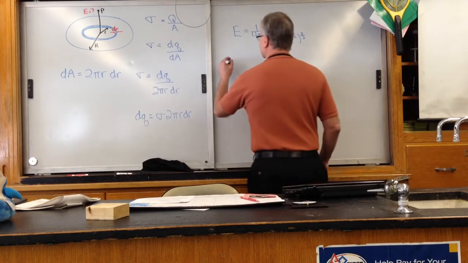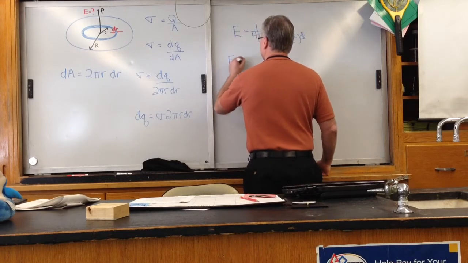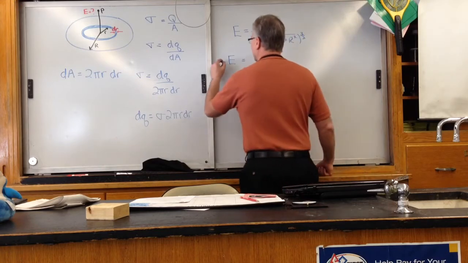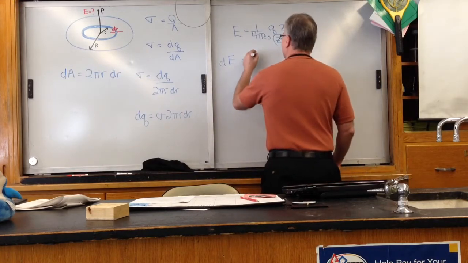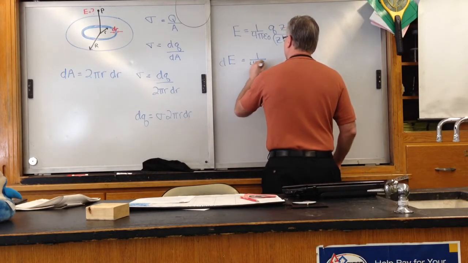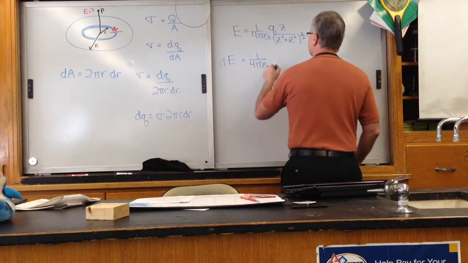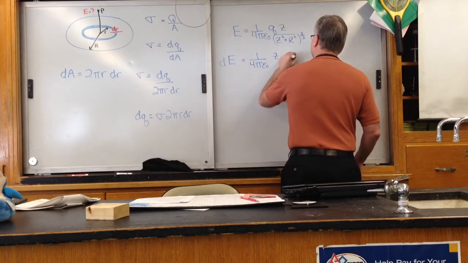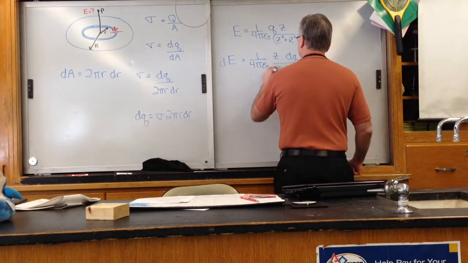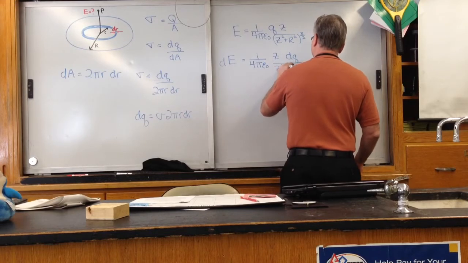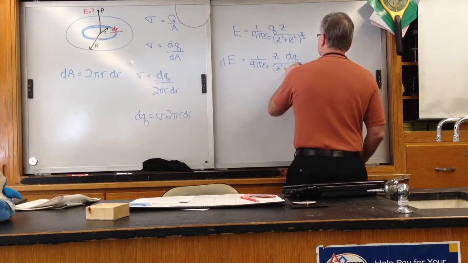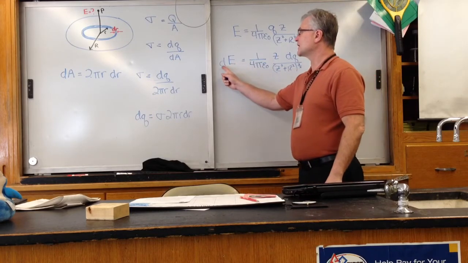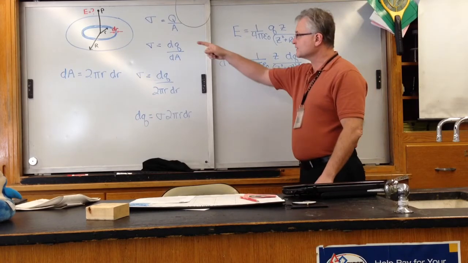The electric field in this particular one, or the contribution by each ring, we'll call this dE, and we have 1 over 4 pi epsilon naught, Z, and instead of writing Q, I'm going to put dQ in there, and then divide it by Z squared plus big R squared to the 3/2. So I've changed nothing here, but what I've actually figured out is what the little contribution is for each ring in that disk.